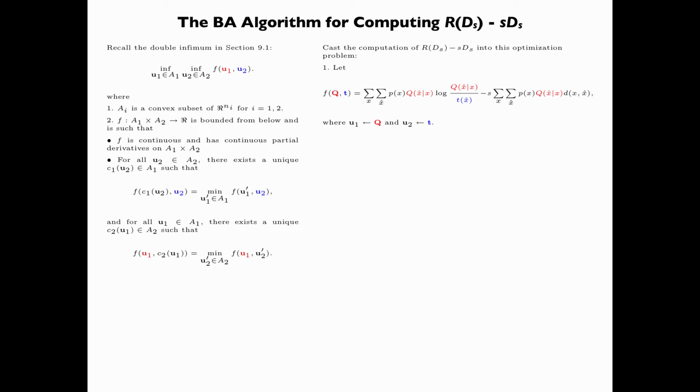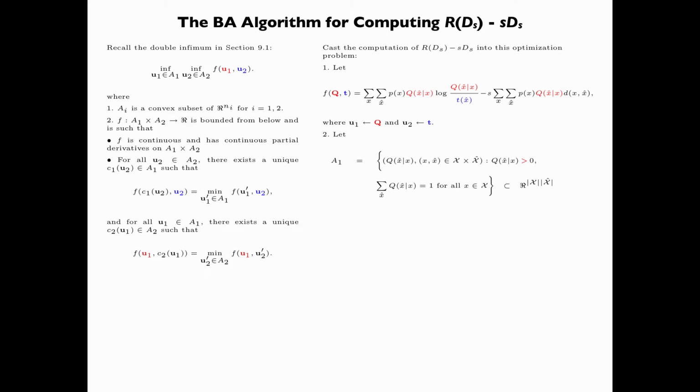We let f(q,t) be the summation over x, x hat of p(x) q(x hat|x) log q(x hat|x) divided by t(x hat), minus s times the summation over x, x hat of p(x) q(x hat|x) d(x, x hat), where q plays the role of u1 and t plays the role of u2.